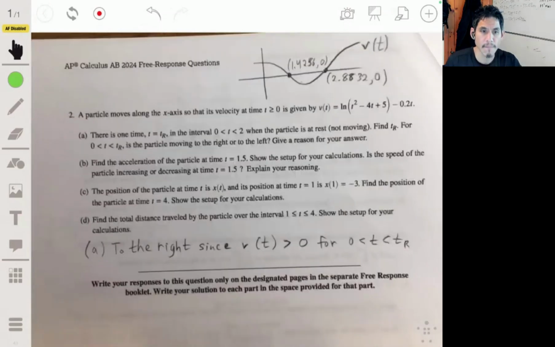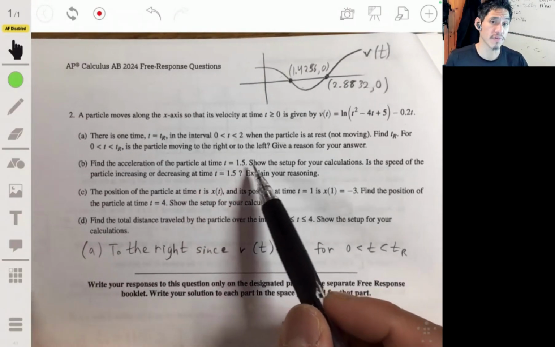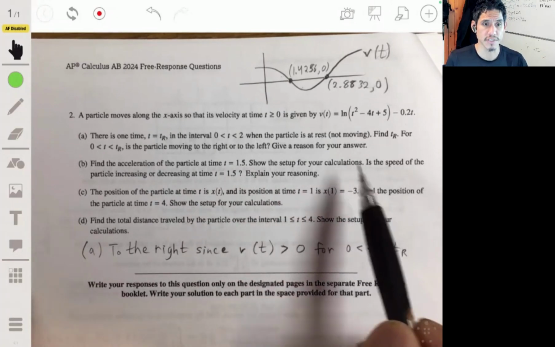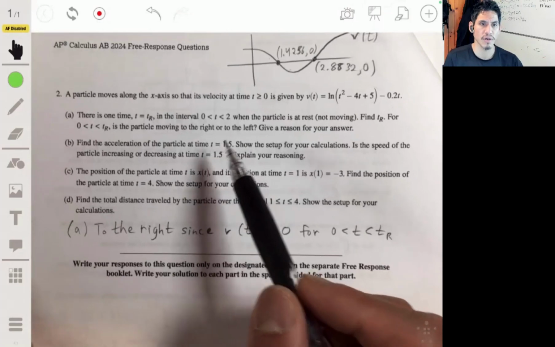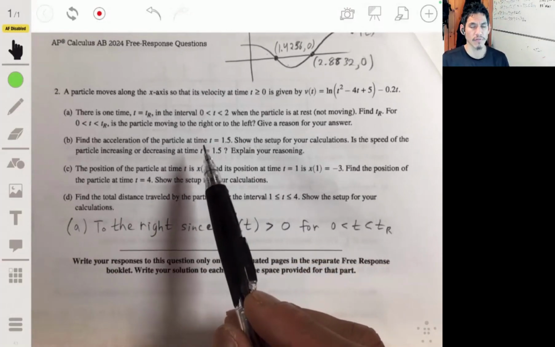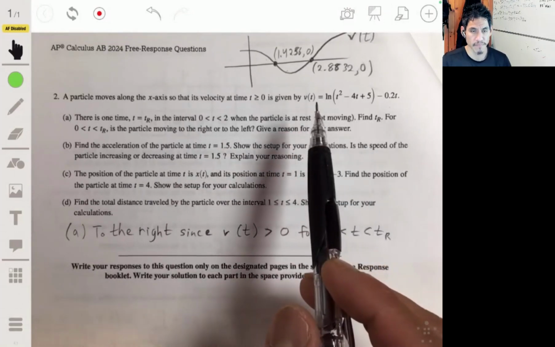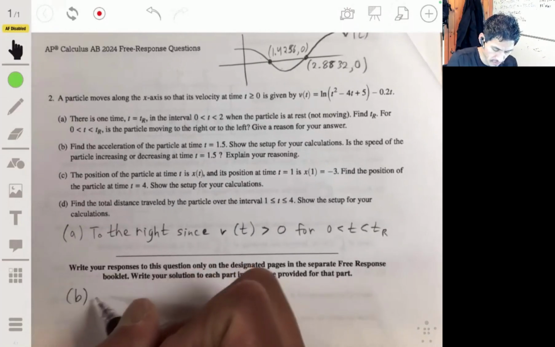Part B. Find the acceleration of the particle at time t equals 1.5. Show the setup for your calculations. Is the speed of the particle increasing or decreasing at time t equals 1.5? Okay, so all we got to do here is find the derivative of velocity and evaluate it at 1.5. So we're essentially finding v prime of 1.5.